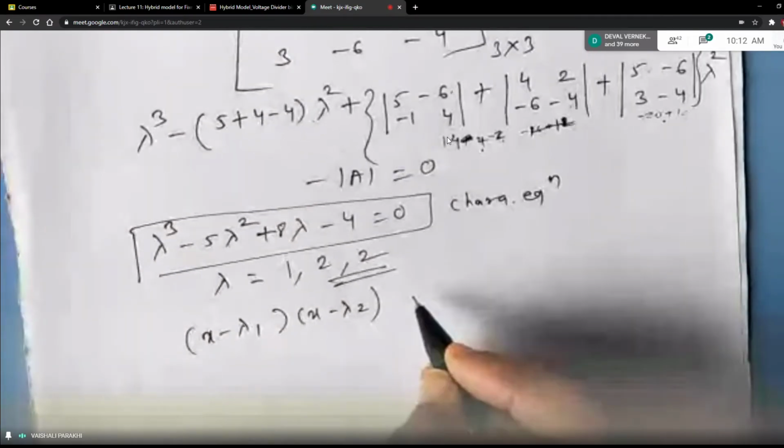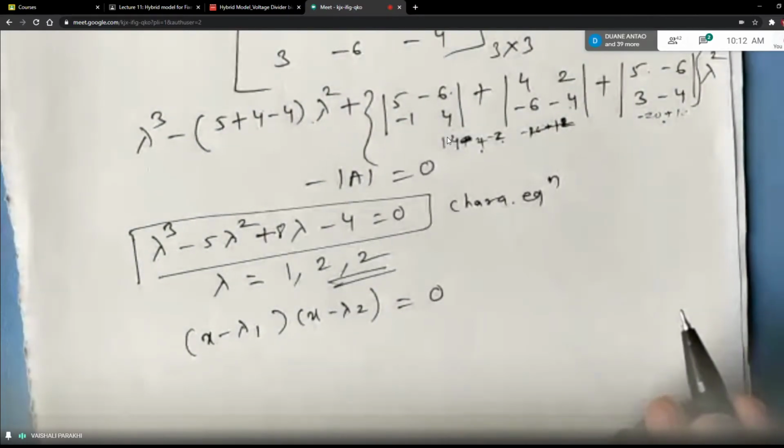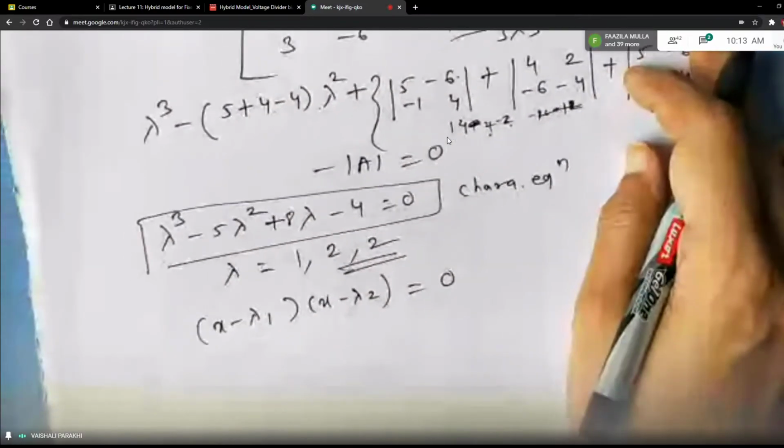This equation should be satisfied by matrix A, and then we say that the matrix is derogatory, otherwise it will be non-derogatory.